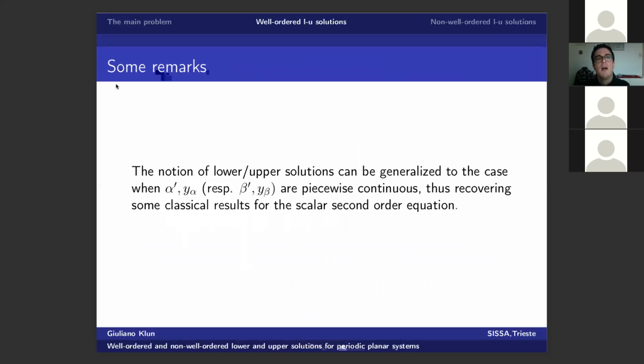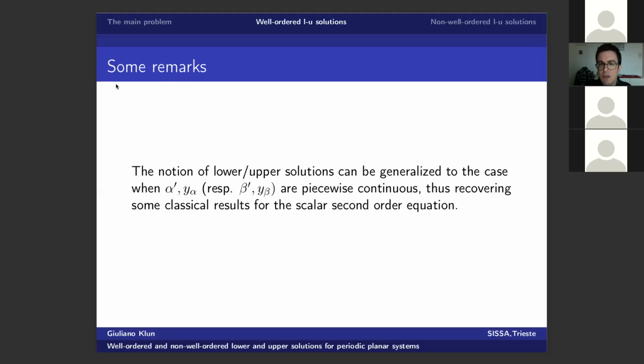Now, before passing to treat the non-well-ordered case, I have to make some remarks. Here, the notion of lower and upper solution can be generalized to the case when alpha prime and y alpha, and respectively beta prime and y beta, are piecewise continuous.